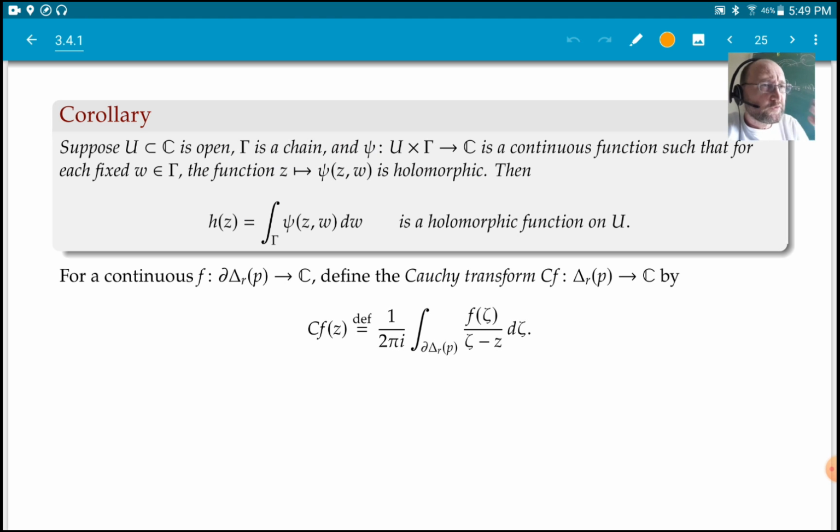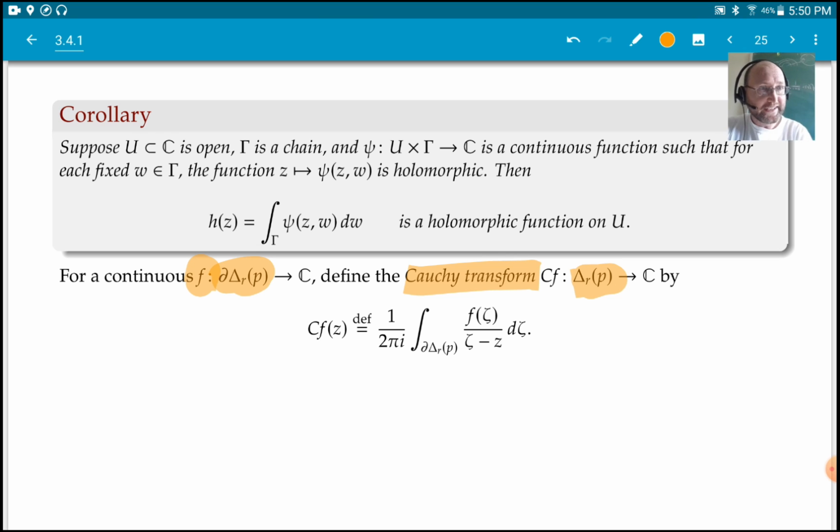So, for example, one place where we've seen this is in the Cauchy integral formula. If we have any continuous function f defined on a circle, we could define the so-called Cauchy transform, which is basically something that eats continuous functions on the circle and gives us functions defined on the disk.